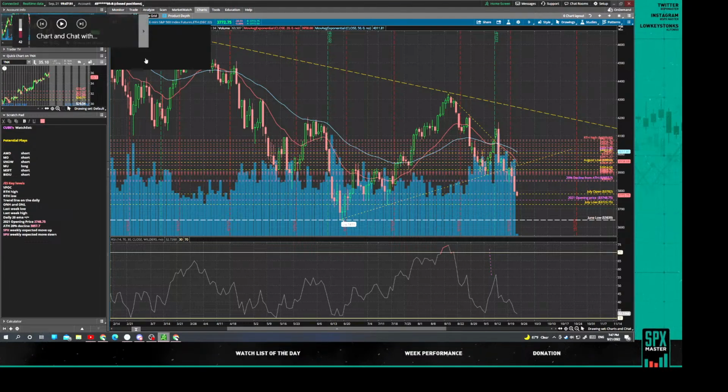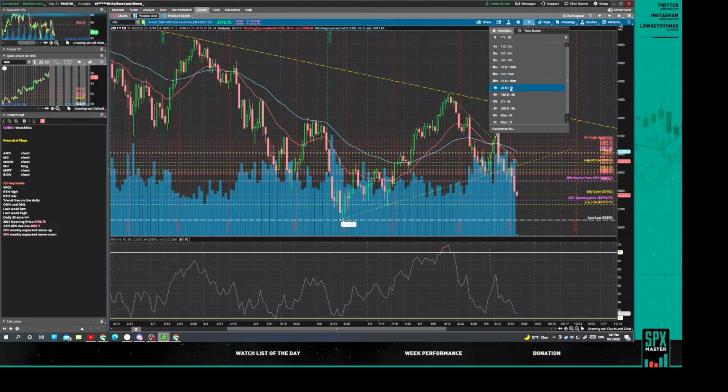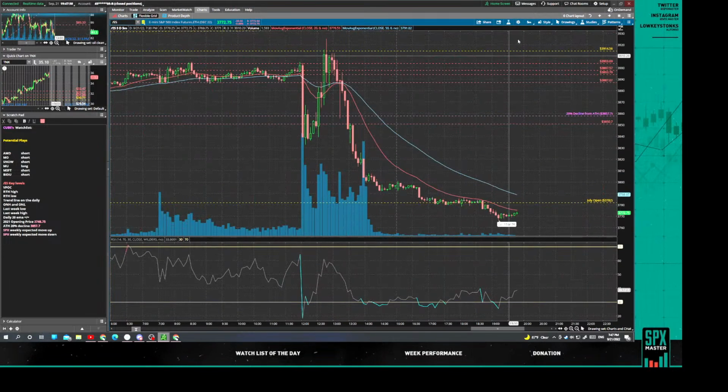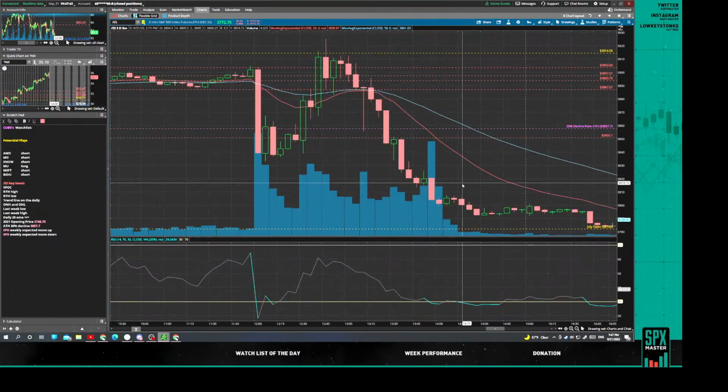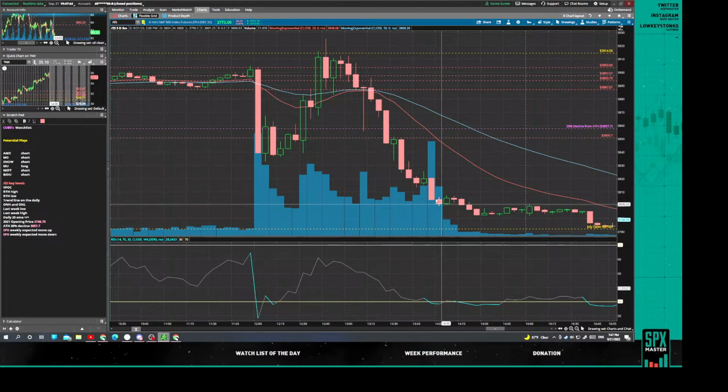If you look at a little bit of action today on the 5 minute chart here on ES, this is the close right here. The market closed on a spike down of around 10 points.